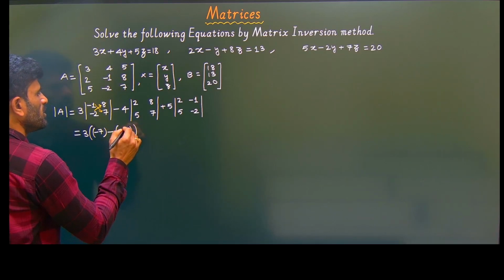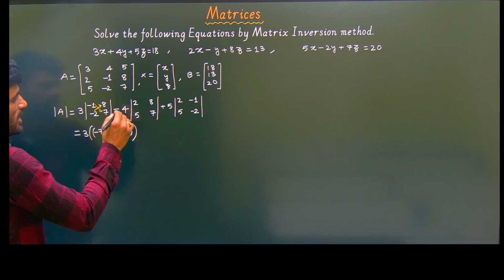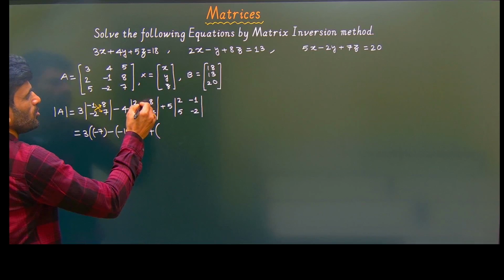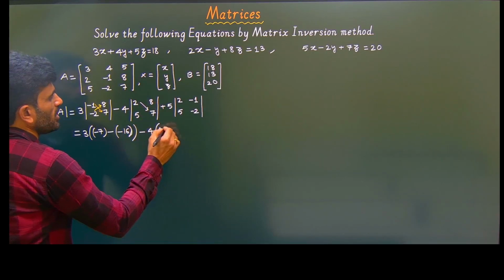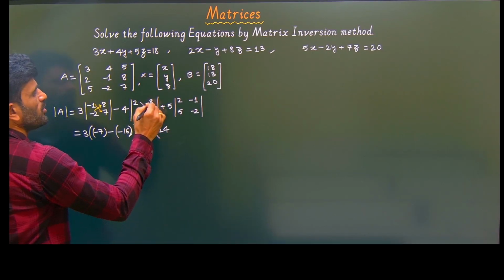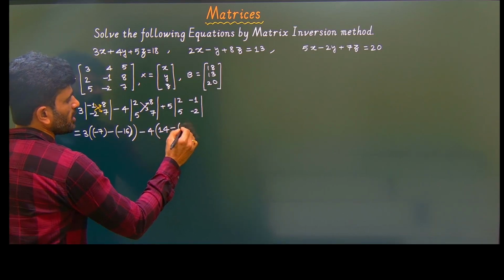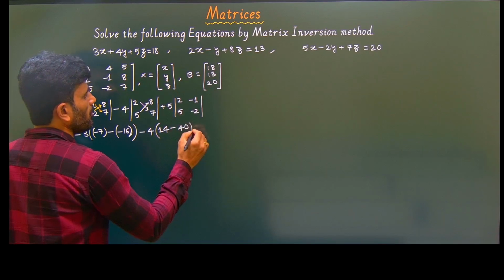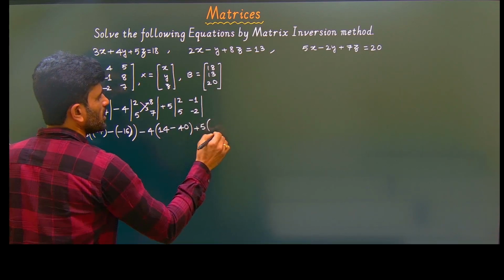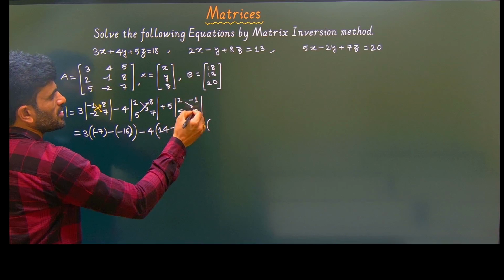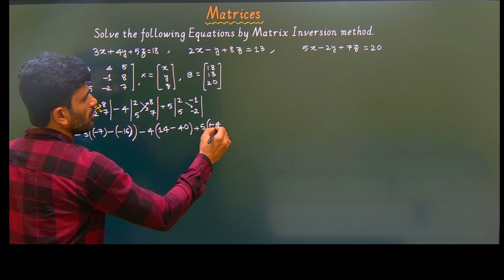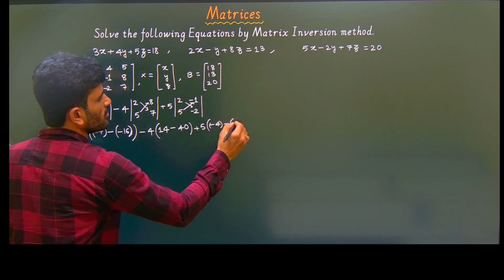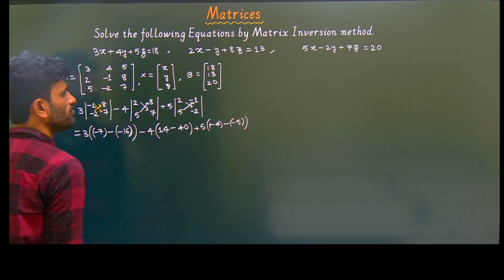Then minus 4 into 2 times 7, that is 14, and 5 times 8, that is 40. So 14 minus 40. Then plus 5 into 2 times minus 2, which is minus 4, minus of 5 times minus 1, which is minus 5.